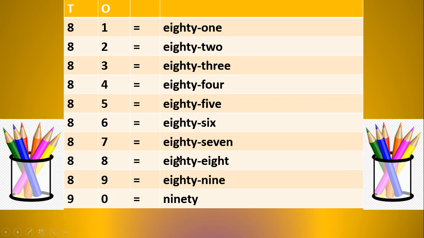So can you write all from 81 to 89? Very nice. Now let's learn the spelling of 90. NINETY 90. Very good. If you feel that you don't remember any previous spelling, you can go back to video number 1 of Numbers in Words.